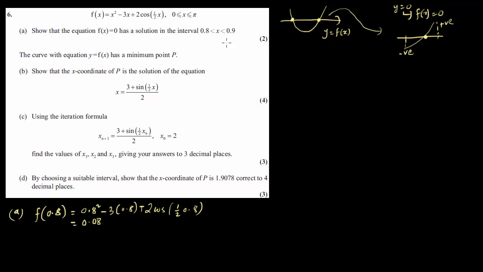Next value, let's see f(0.9). So f(0.9), again this is going to be 0.9 squared minus 3 into 0.9 plus 2 cos(half into 0.9).